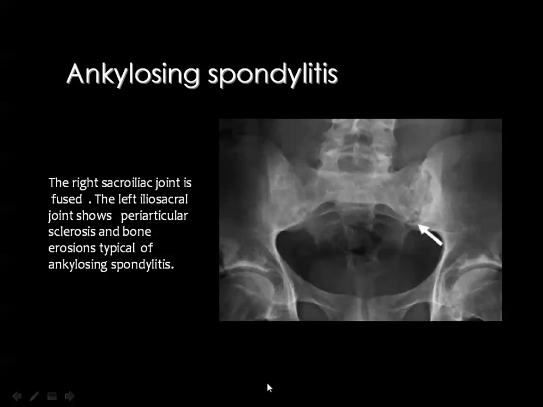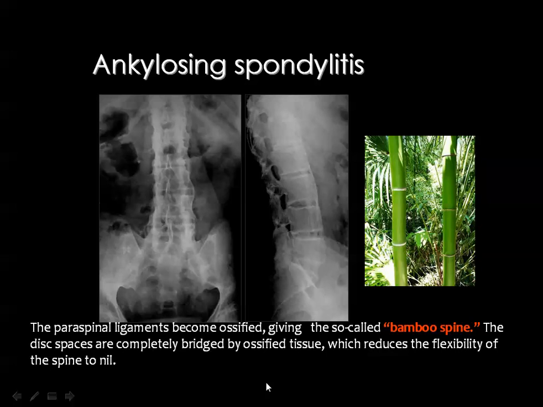And whenever you see some manifestations of ankylosing spondylitis, then you can call the affection of the sacroiliac joints to be related to ankylosing spondylitis. And you remember this term, the bamboo spine, where there are some erosive changes in the anterior corners of the vertebral end plates, upper and lower, with consequent calcification and later on ossification of the anterior longitudinal ligament, posterior longitudinal ligament, and interspinous ligament as well.